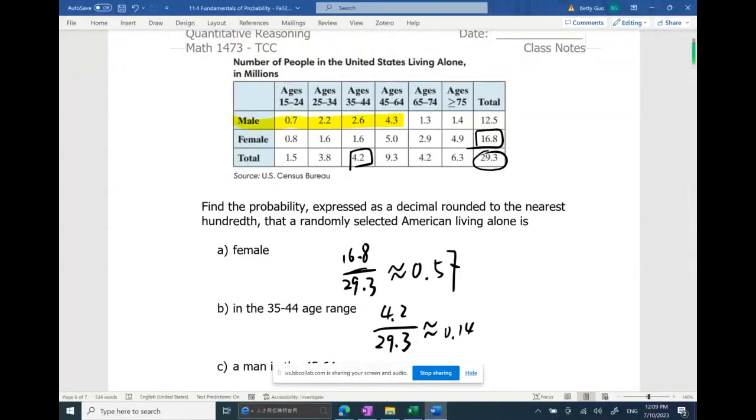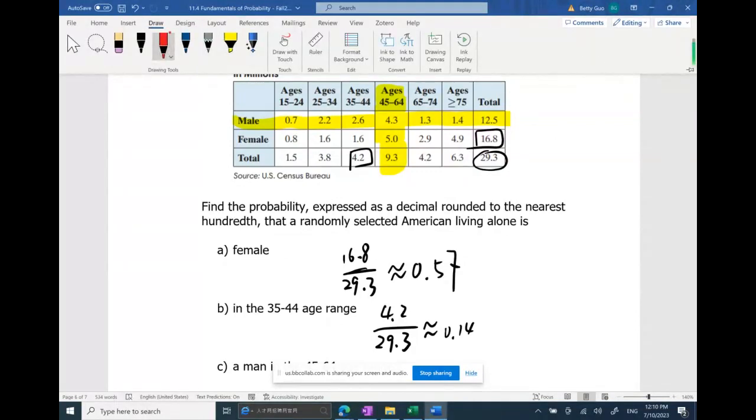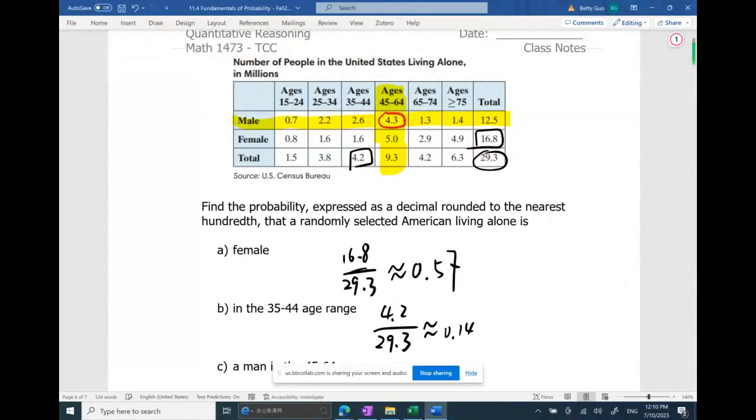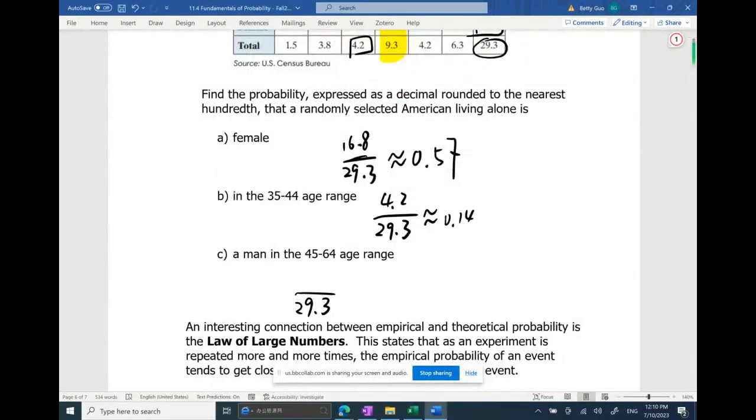Male, so this row, and the 45 to 64 range. Do you see the first row and that column? They intersect at which region? They intersect here, right? So among 29.3 million people, 4.3 million people are male and aged from 45 to 64. So the numerator is going to be 4.3.